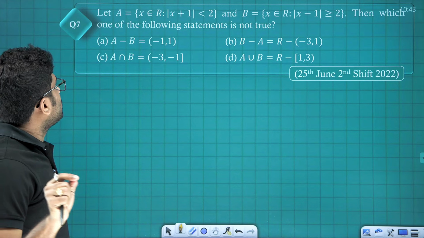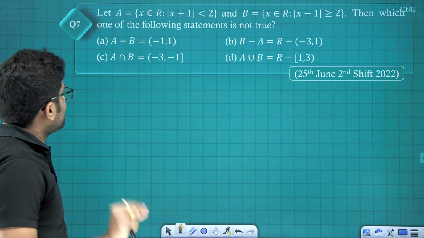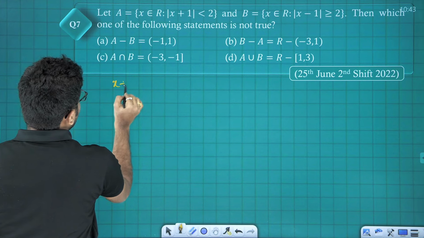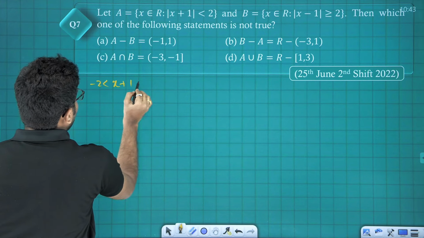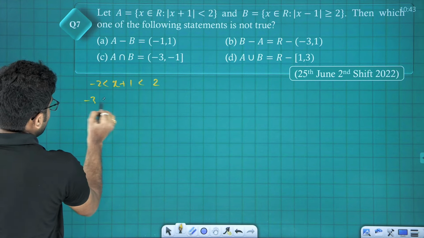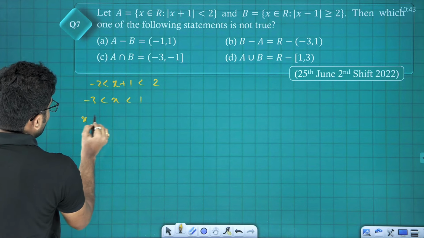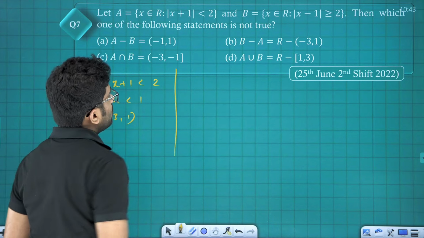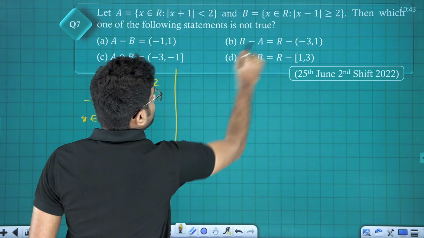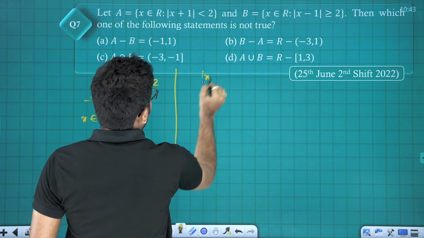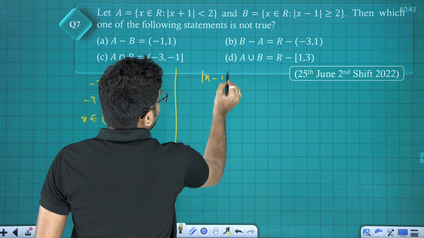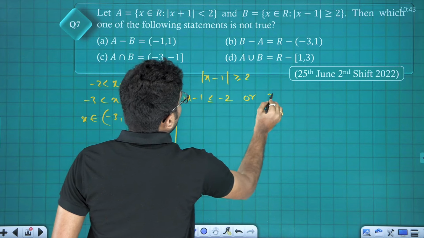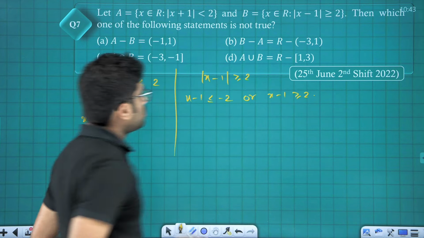Let A be the set of x belongs to R such that mod of x plus 1 less than 2. Mod of x plus 1 less than 2 means minus 2 less than x plus 1 less than plus 2, that is minus 3 less than x less than 1. So x belongs to open minus 3 to 1. Second one, set B is mod of x minus 1 greater than or equal to 2, which means x minus 1 less than or equal to minus 2 or x minus 1 greater than or equal to plus 2.